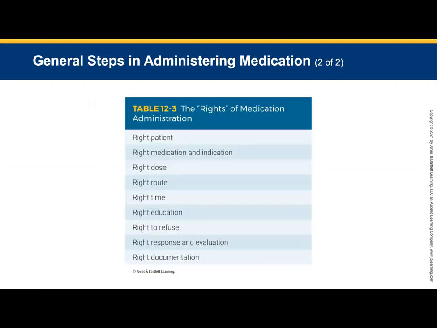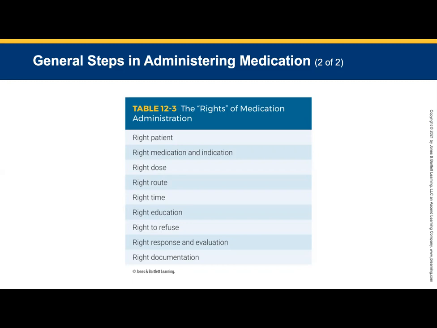So here are the rights of medication. I'll go over this a little bit more in the other slides because I wrote this down. Hint, this is super duper important for you guys. You need the right patient. You need to ensure that the patient who needs this medication is the person who receives the medication. If it's in black and white, in an education book, guess what that means? It's happened at least once.